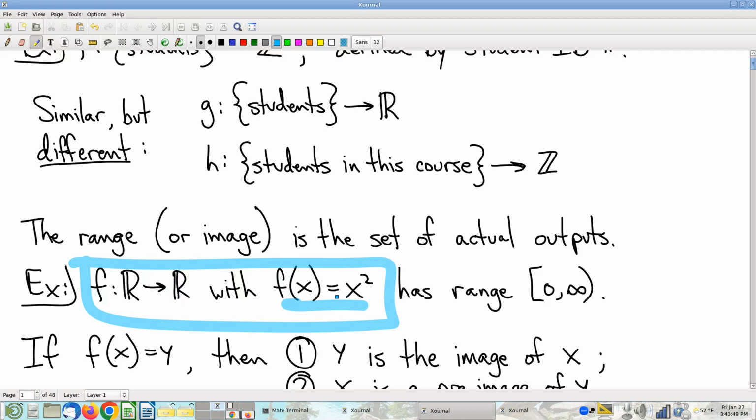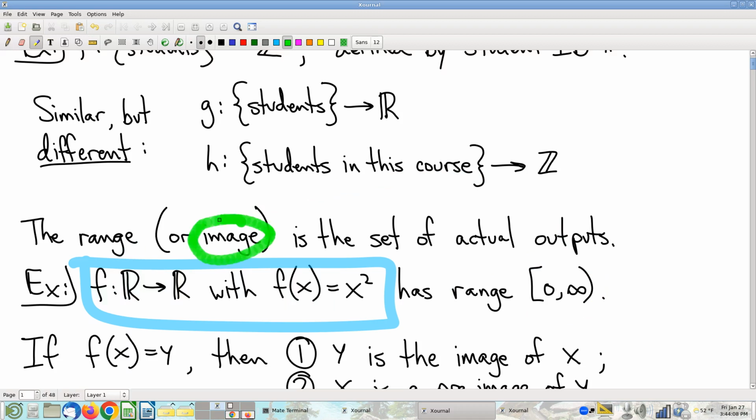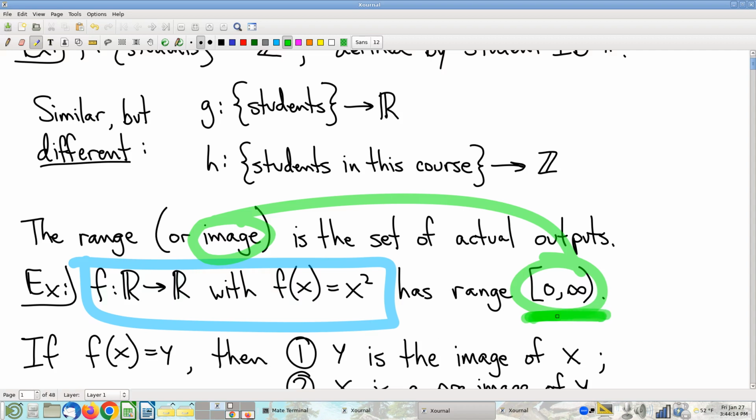What actually comes out of this function? This is the squaring function. So when you square, I don't care which real numbers you square, you never get a negative number. And so the actual outputs, what we call the image here, otherwise known as the range, I don't like that word, otherwise known as the range, but the image, is just the non-negative real numbers.